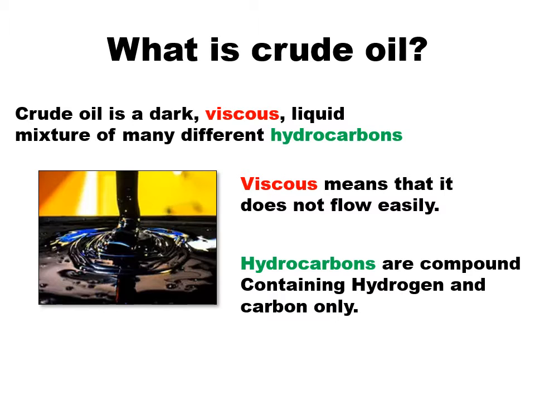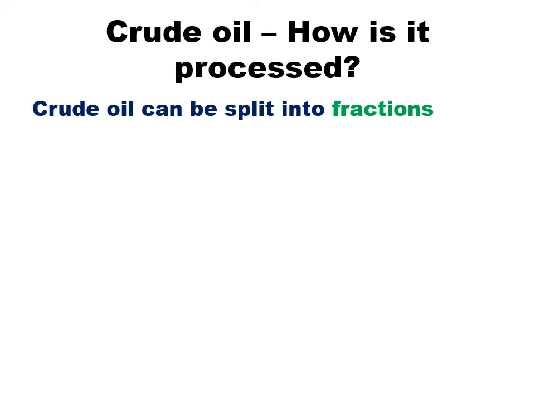Viscous in this context means that the liquid itself does not flow easily. And we have already seen that hydrocarbons are organic compounds that contain hydrogen and carbon only. We know that crude oil is the raw material of petroleum. Now the question is, how is it processed?